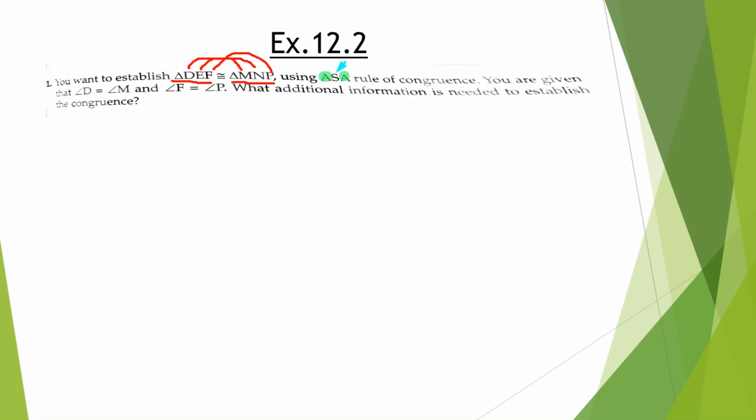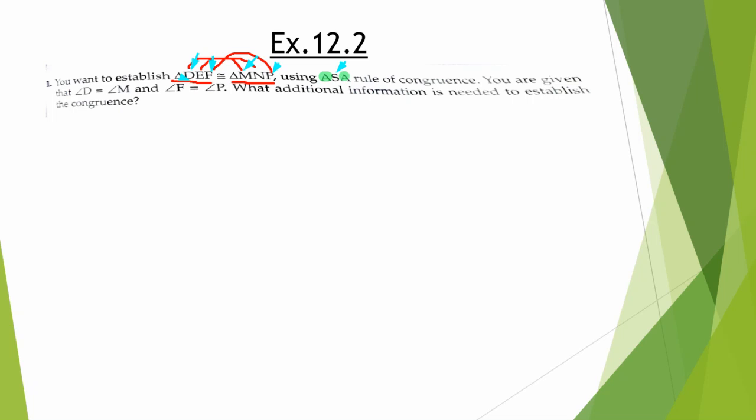So which are the two angles given? Angle D is equal to angle M, and angle F is equal to angle P. And then the side has to be equal. So which side is formed using these two letters?